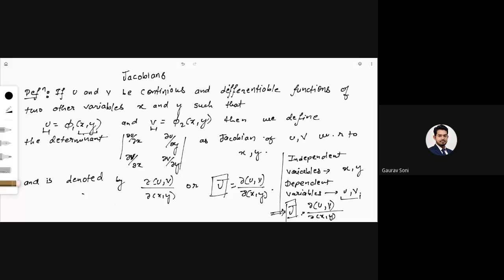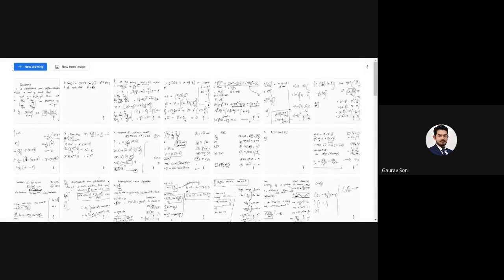Anyways, there is nothing particular about two variables. The definition can be extended to three variables also.